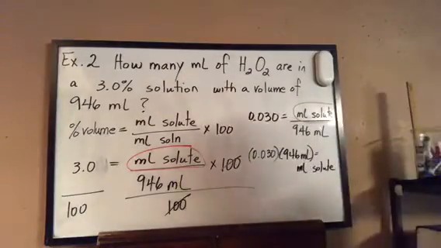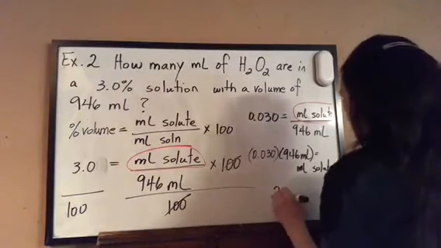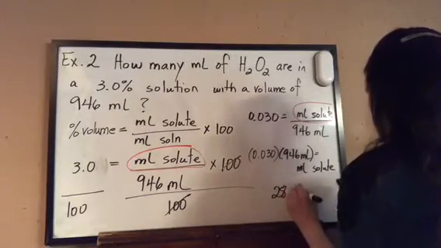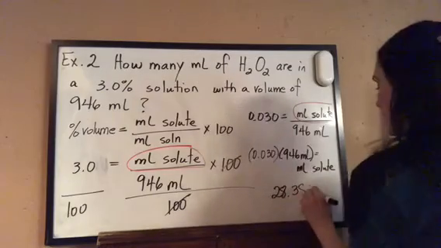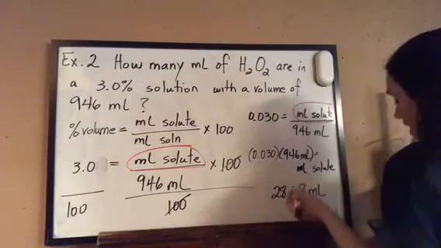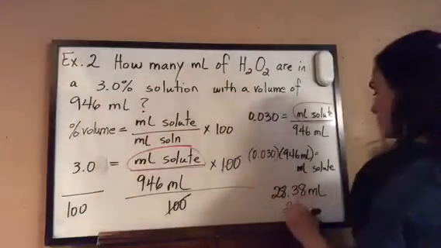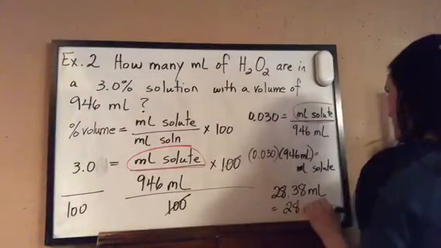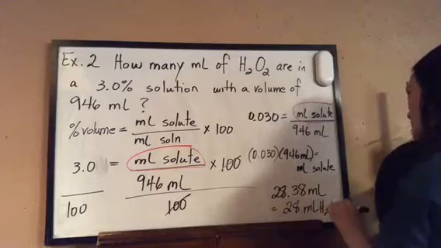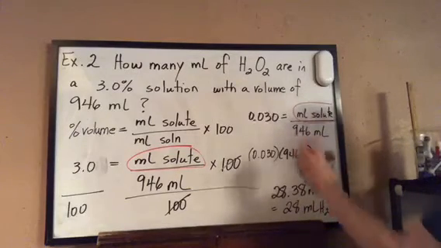Do that multiplication, and you have 28.38 milliliters. If we round that to two significant figures, because that has two significant figures, it rounds to 28 milliliters of hydrogen peroxide, which is the solute.